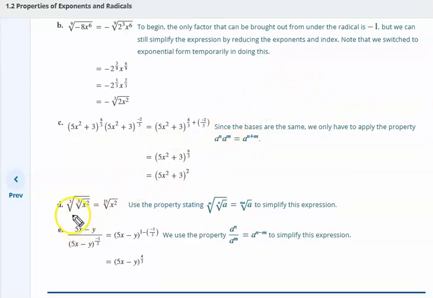Now again, if we convert this, it's going to be basically 3 times 5 is 15, x to the 2nd. And that's using this rule where we just multiply our index numbers here. And this one, we're going to bring this denominator up to the numerator, remember there's a 1 there.